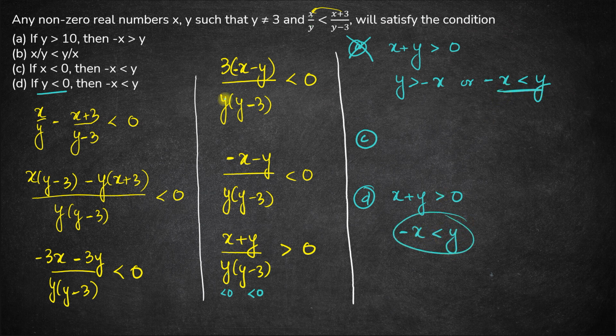Actually what we got over here is given in option D. If y is less than 0, the numerator must be positive, and if the numerator is positive, minus x should be less than plus y. Hence option D is the correct answer. We don't even have to check option B and C. No need to check them.